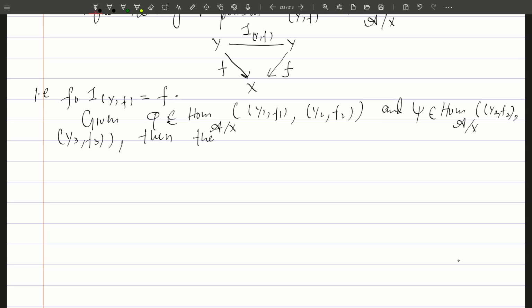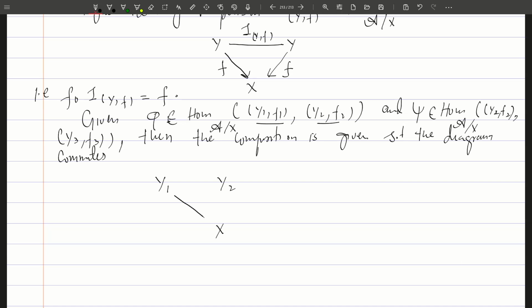Now the diagram here is given like this. We have a morphism from this object to this object. Here we have y1, y2, and here we have x. We have an arrow f1 between these two objects, here we have the morphism f2, and from y1 to y2 we have the map phi.